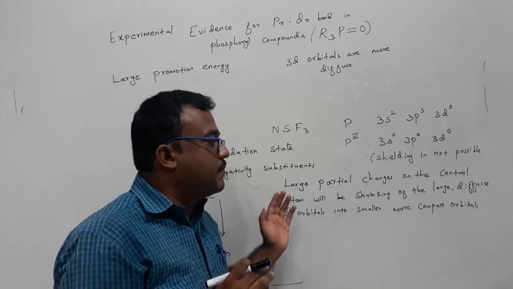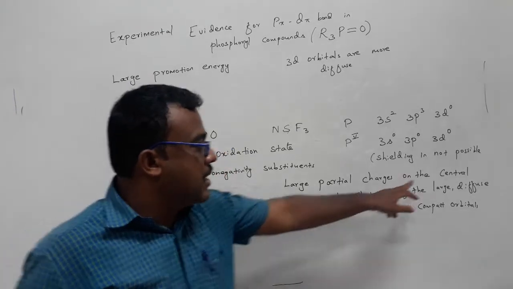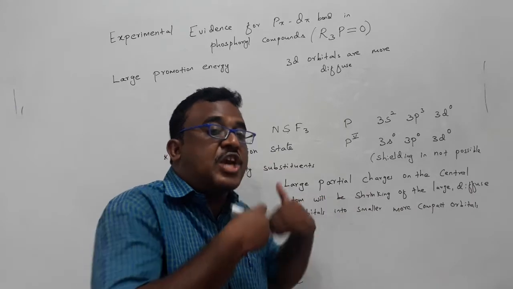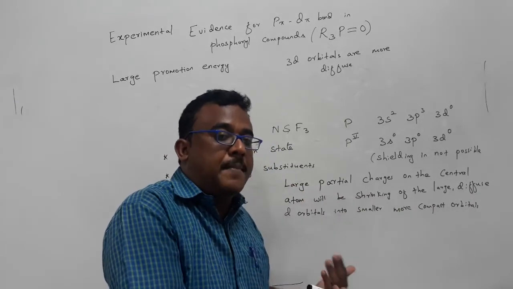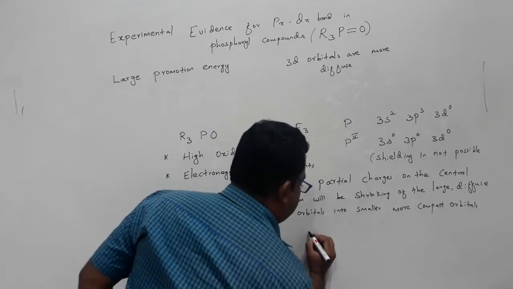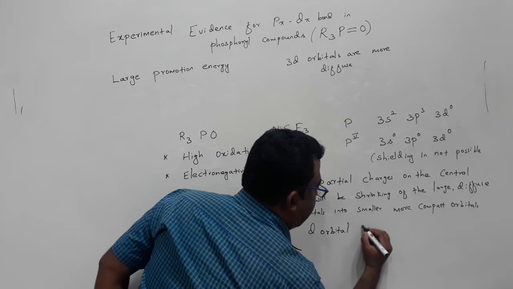The change of orbital shape from a large diffuse d orbital to a more compact orbital will be called d orbital contraction.